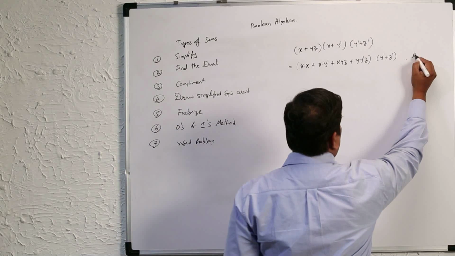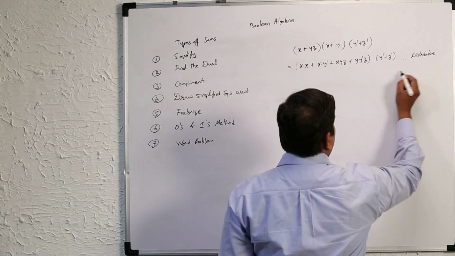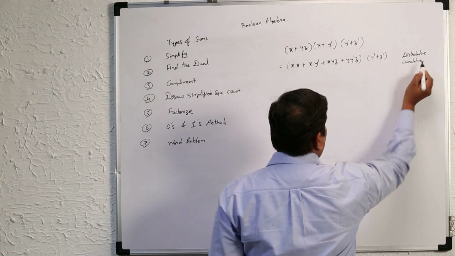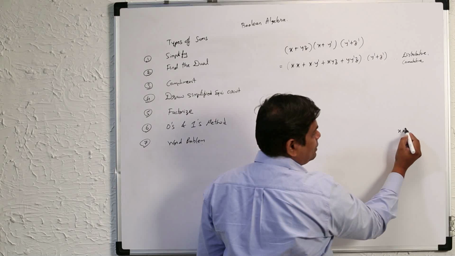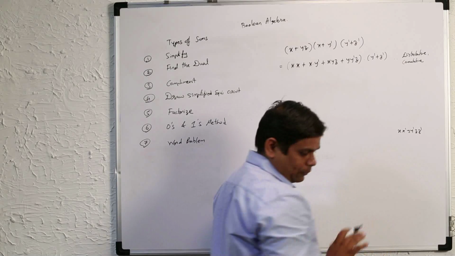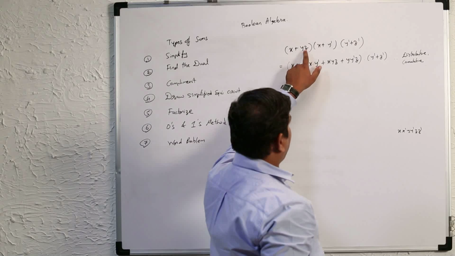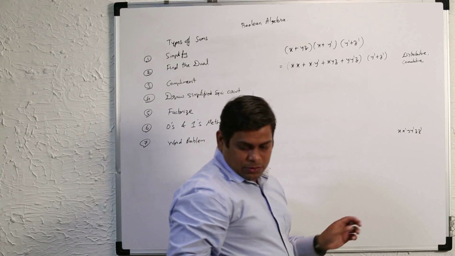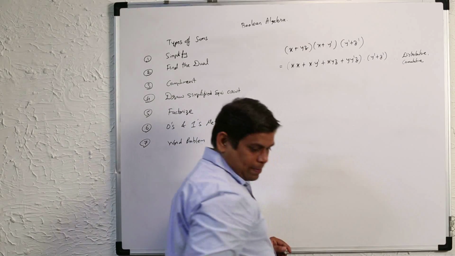One is called the distributive property, and the next one we have used is the commutative property. We are going to write x, then x dash, y dash, z dash, and follow that hierarchy. Here we have y z y dash, and we have not written y z y dash, we have written y dash z. So what I mean is that we are going to always use the commutative property.